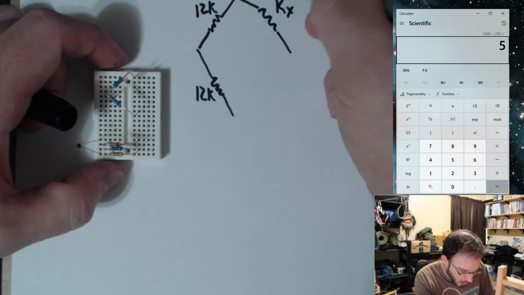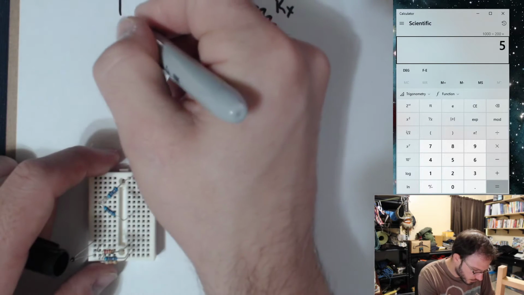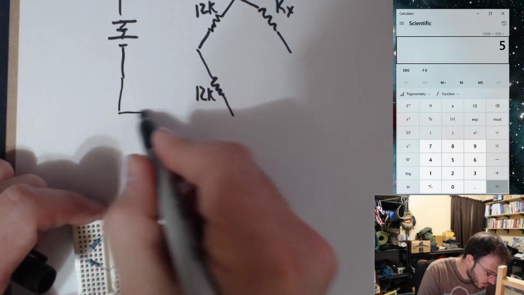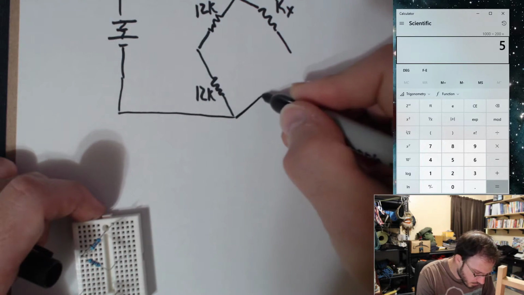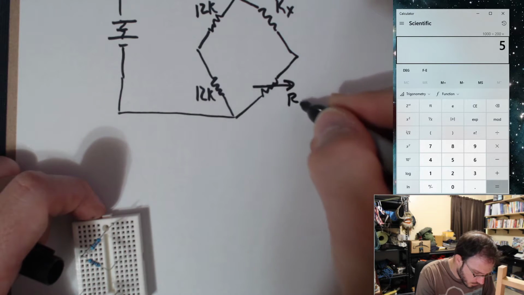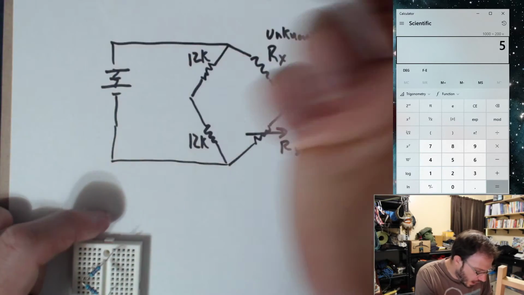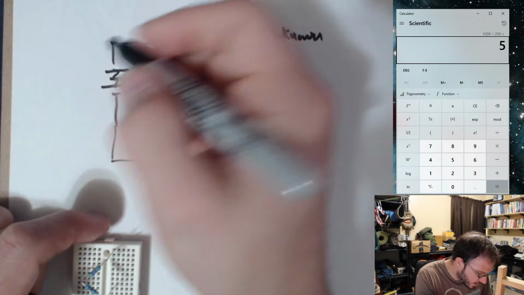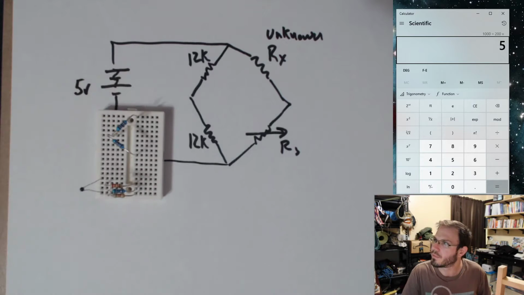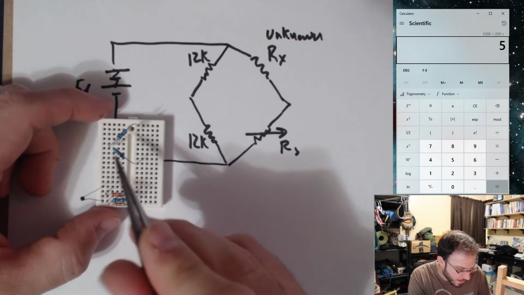Rx is going to be our unknown, and RS is going to be my resistance standard. And I'm going to just use 5 volts for this. So what I have here is 12K, and I have 12K over here.